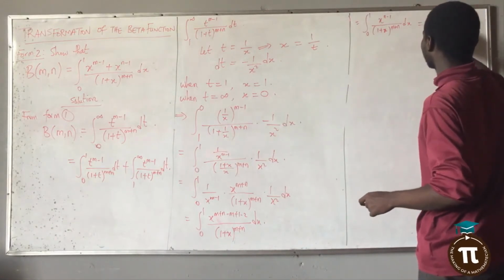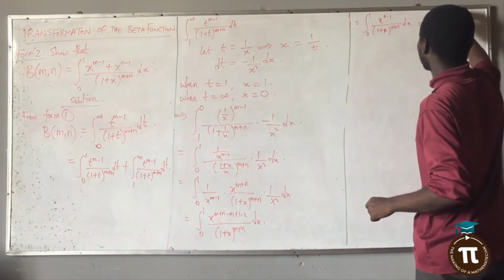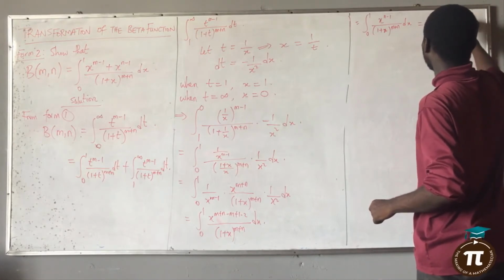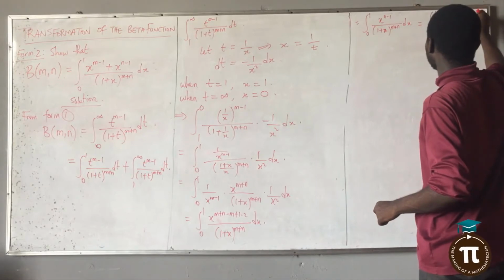So I can write the integral from 0 to 1 of t raised to the power of n minus 1, all over 1 plus t raised to the power of m plus n dt.